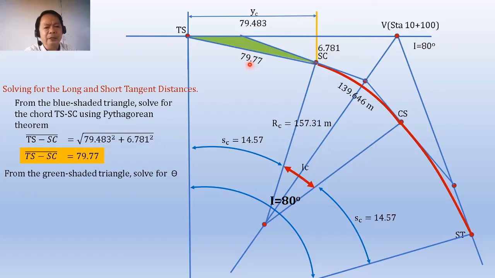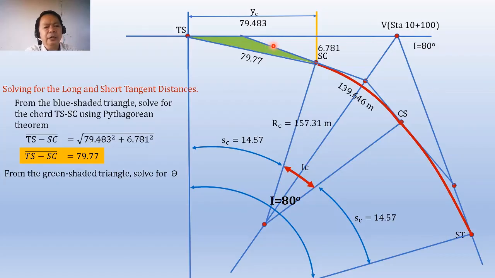Ang aalamin natin, which one of the two will be our long and the short. In my case, medyo mahirap ma-identify. In my drawing, mahirap ma-identify. But we shall be able to identify that later on, as we will define the angle that this triangle has. Ano? So puntahan natin itong angle na ito.